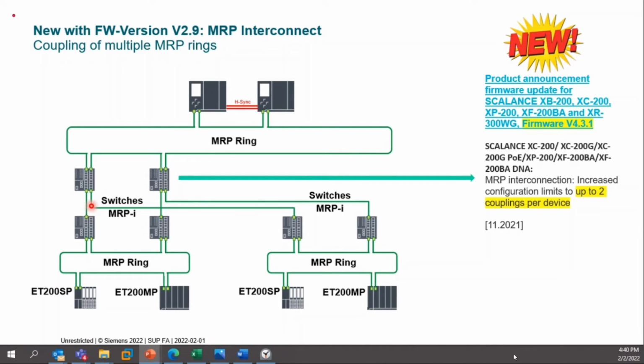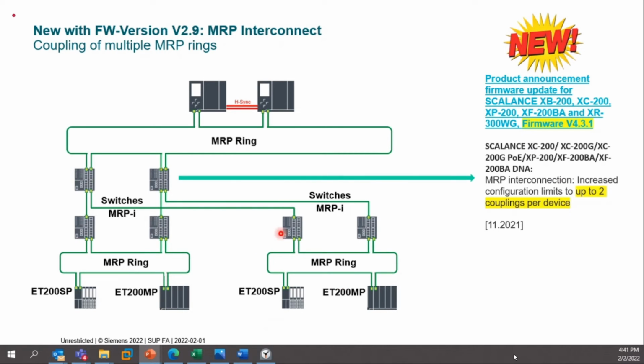If in any case, for example, this cable fails, or there is an error in this cable, still I am connected to this ring via this switch. The same happens for the other ring also.